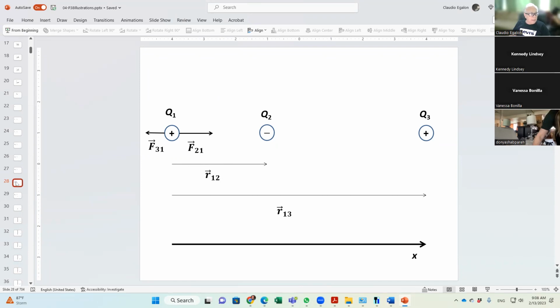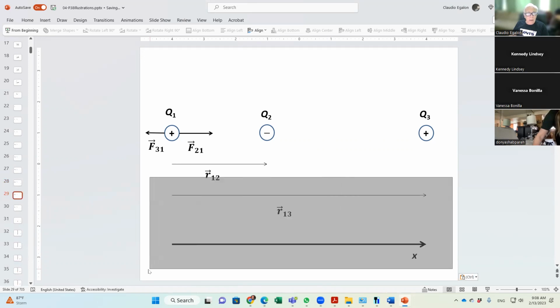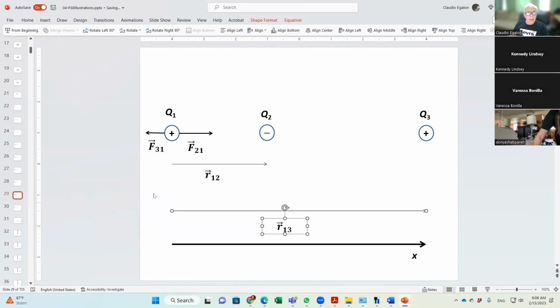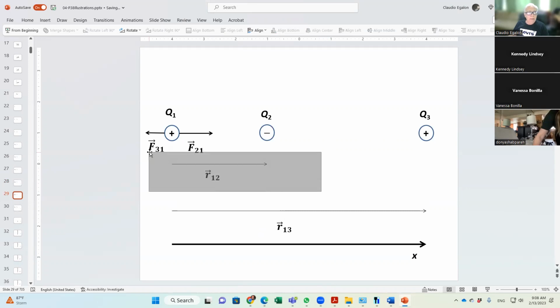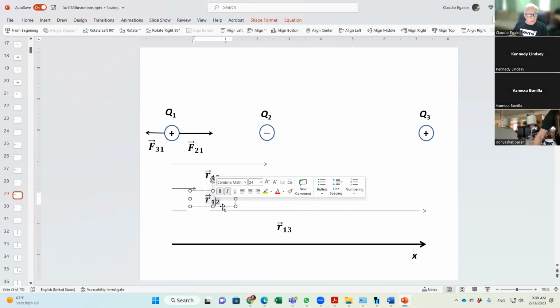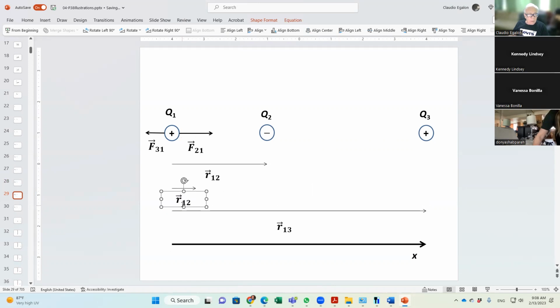I can even make another drawing of the unit vectors now. This unit vector here most likely is going to be shorter than the original vector R12.